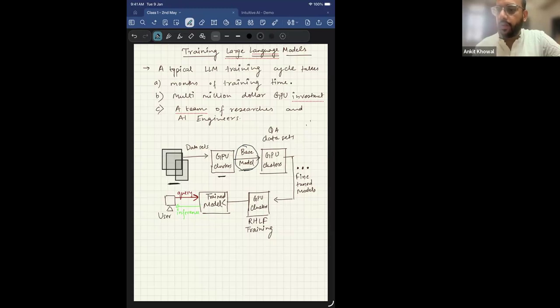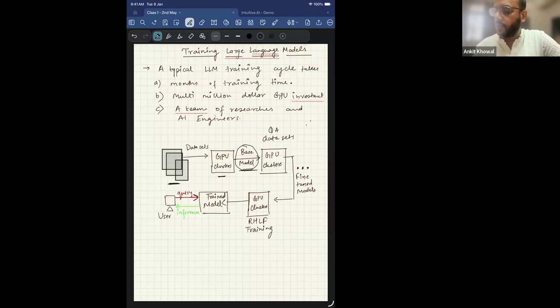Let's say you go to any of the LLMs today and say, I want to create a bomb, for example. It will not give you the instructions because that is considered harmful. But the base model does not know that. It just knows how to generate the next word. It does not know how to avoid giving harmful, toxic answers.